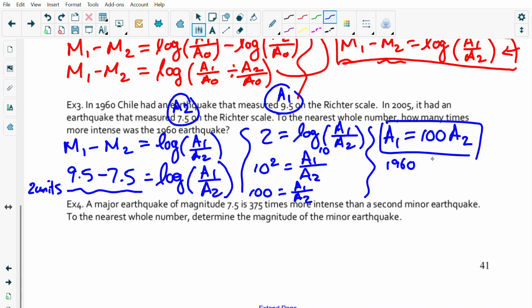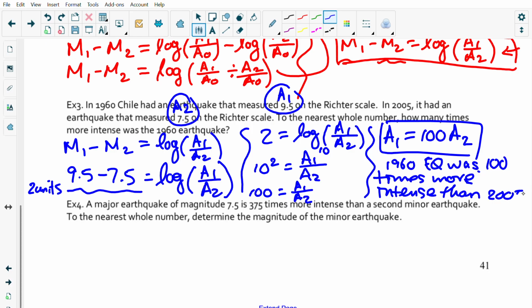So the 1960 earthquake was 100 times more intense than the 2005 earthquake.